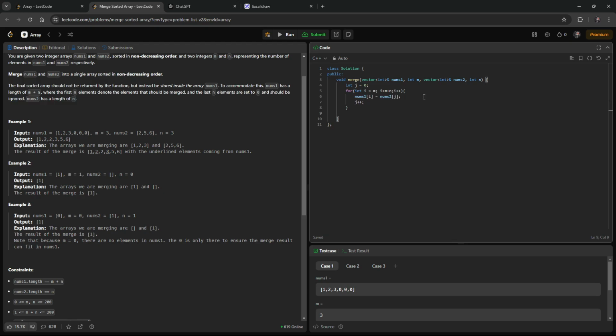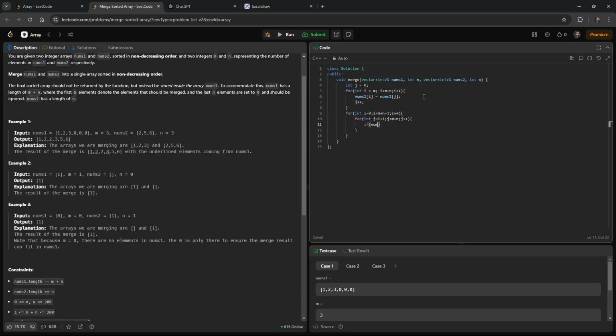After doing so, I need to again sort this array. i less than m plus n minus 1, i plus plus, and j equals to i plus 1, j is less than m plus n, j plus plus.